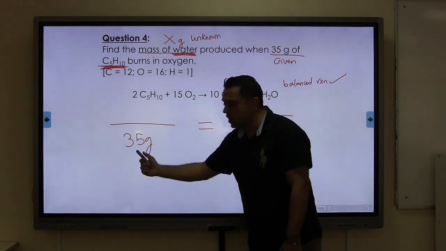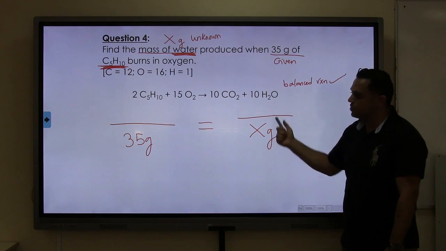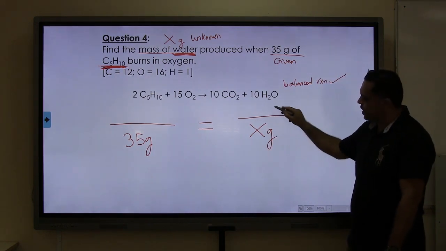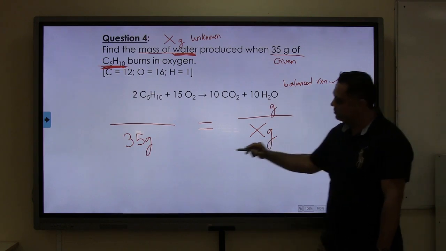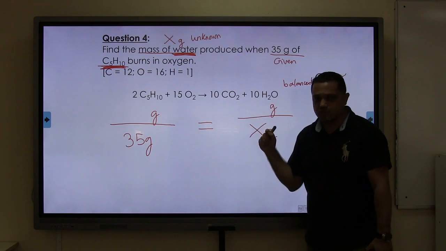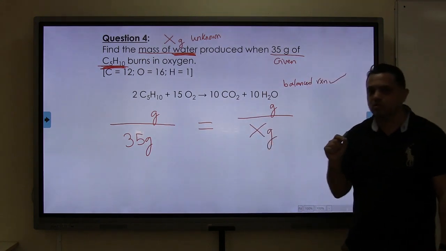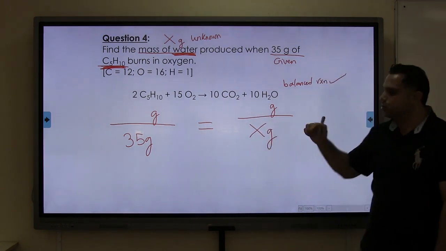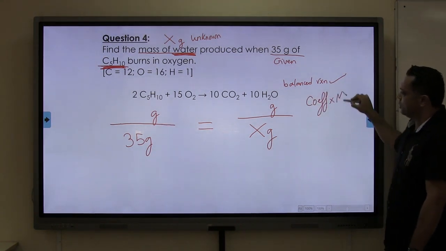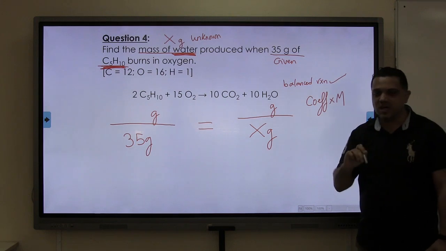So every 35 grams will give X grams of water. And then I need to write the same unit. Grams here, grams here. Grams and grams. How can I find the most convenient ratio? To find the most convenient ratio, I need to multiply the coefficient times the molar mass. Coefficient times the molar mass.